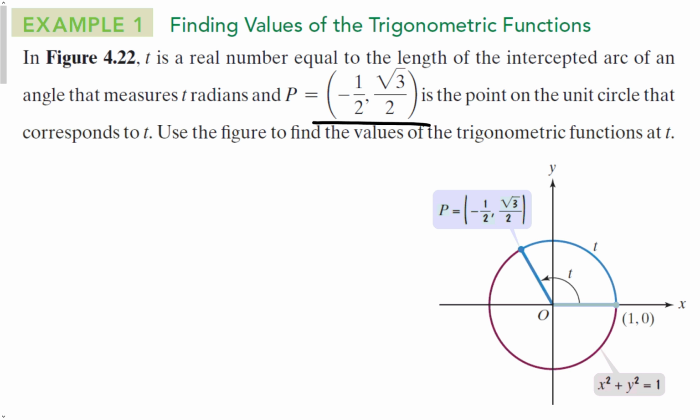So in this figure, t is a real number equal to the length of the intercepted arc of an angle that measures t radians, and this point P is negative 1/2, negative radical 3 over 2. Both common numbers in trigonometry. And remember, if we're on a unit circle here, all these numbers have to be less than 1, so expect some sort of fraction for all these answers. Okay, so use the figure to find the values of the trig functions at t.